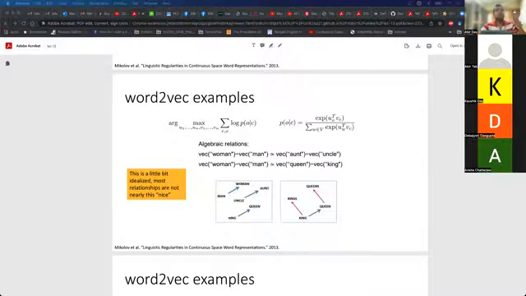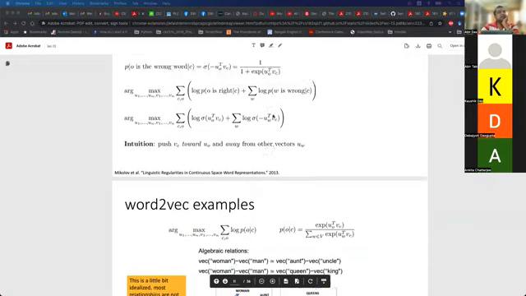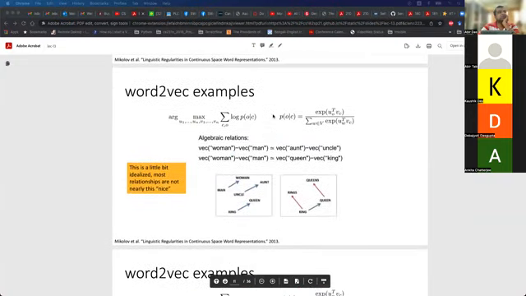yeah. So what is happening here is that these are some examples from the paper itself, and I'm just taking them from Sergey Levine's slide. What this shows is the algebraic relationship that emerges from these learned representations.